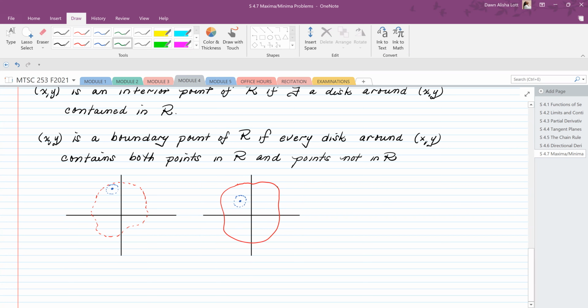I'll pick another point, draw a disk around it. Notice I have points in R and points that are not in R. So that's a boundary point. Is that clear? Yes. Okay.